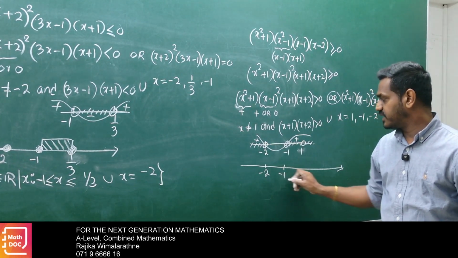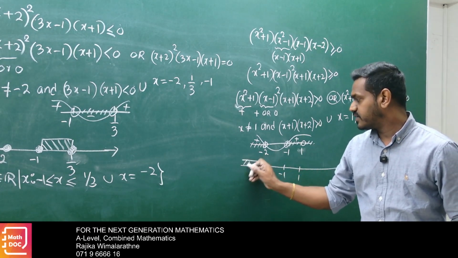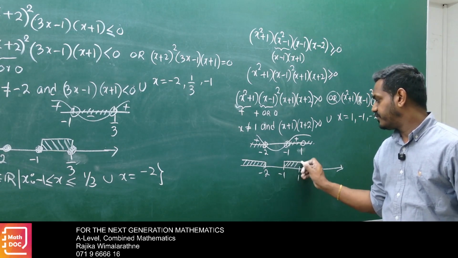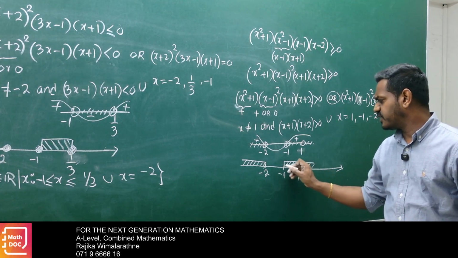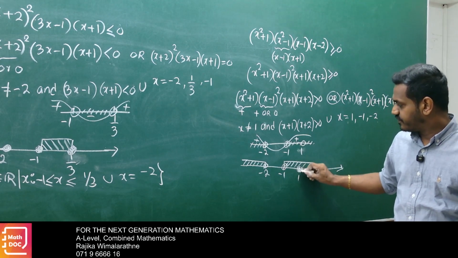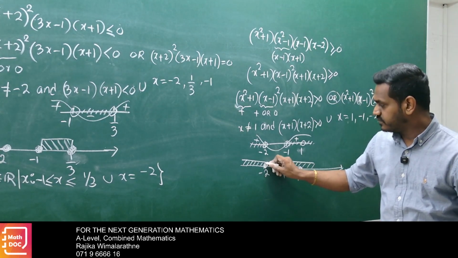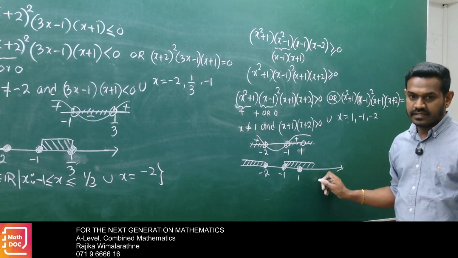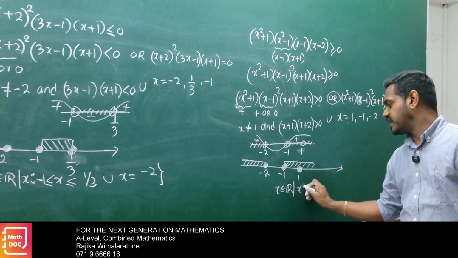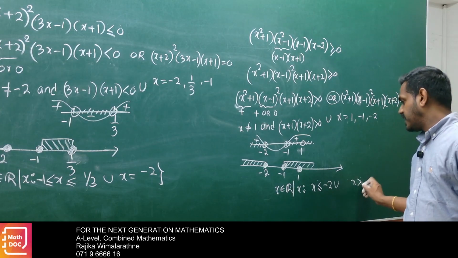Minus 2, minus 1, 1. Less than minus 2, greater than minus 1. This is for inequality, but with equality we can get 1, we can get minus 1, and we can get 2. Then finally the shaded region is the solution. Then x element of real set, x such that x less than or equal minus 2 union x greater than or equal minus 1.